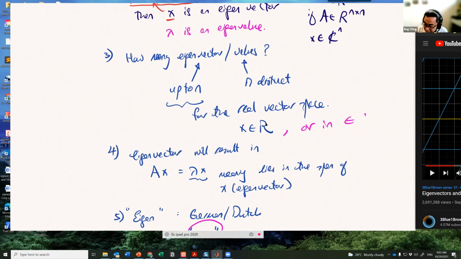If it is a complex space, then the answer is different. In the complex space, you have n eigenvectors and eigenvalues. In the real space, no, sorry. But let's not go there first. Let's ignore this problem until we reach there, if you have time.